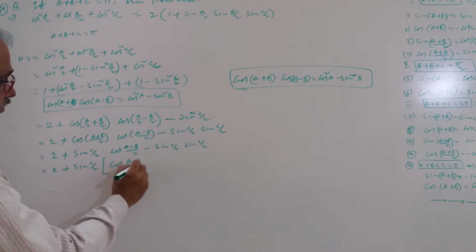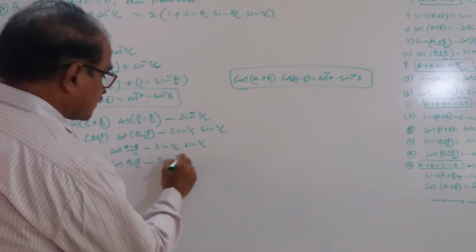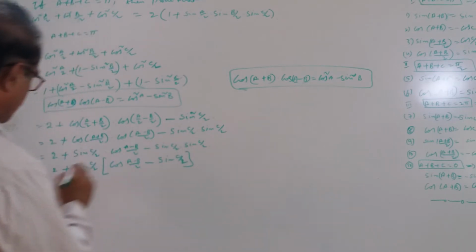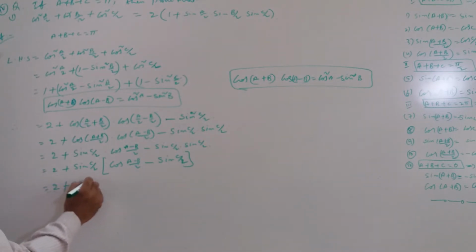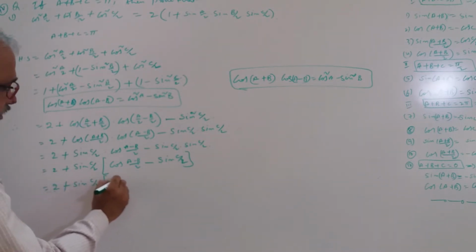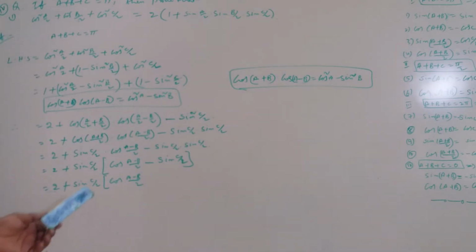Cos a minus b by 2 minus sin c by 2. Okay, that is equal to 2 plus sin c by 2 into cos of a minus b by 2 minus sin c by 2.